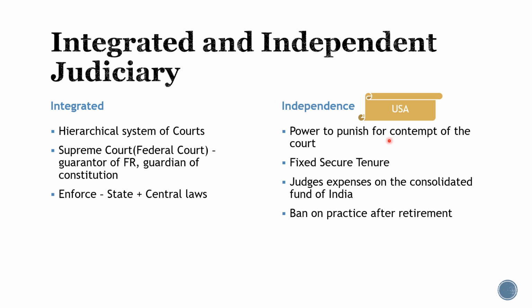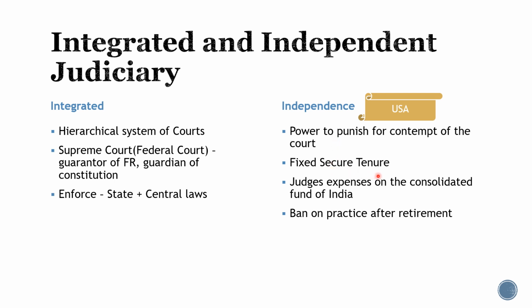So the judiciary has power to punish for contempt of the court, which is very important so that they are completely independent, and anybody can be held in contempt of the court and can be punished for that. There's fixed secure tenure for the judges.